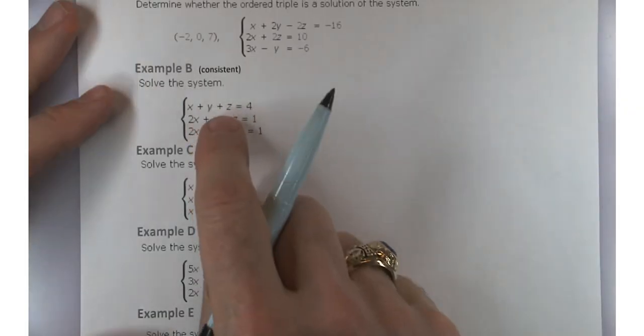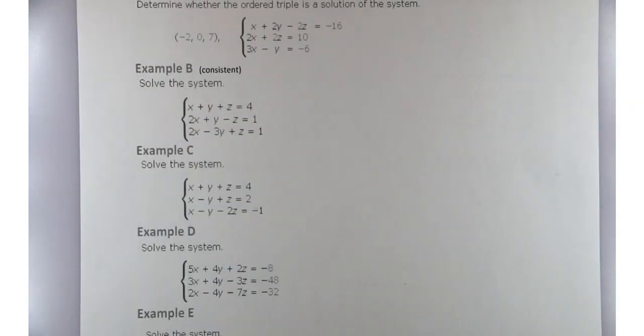So what I'm going to do is I'm going to pick one of these equations, and I'm going to use it to eliminate a variable from the other two equations.